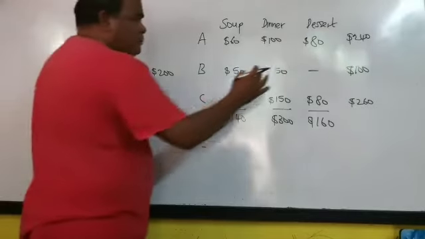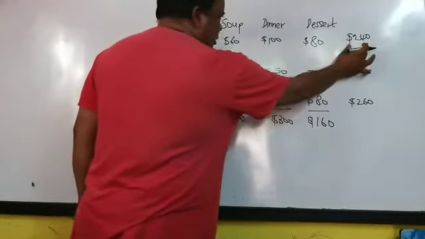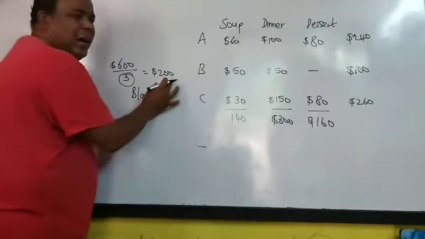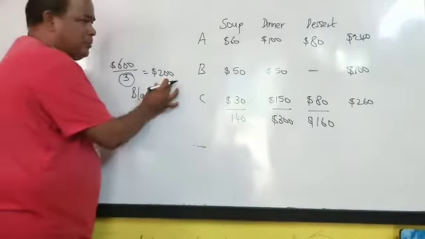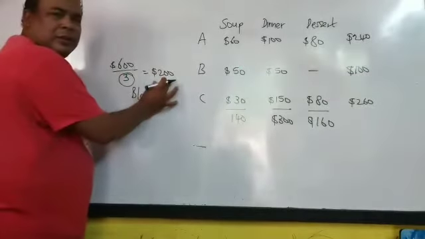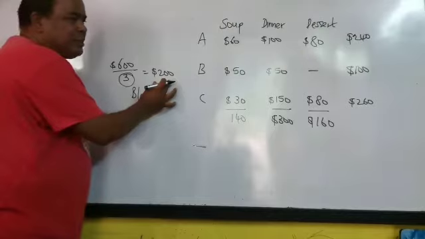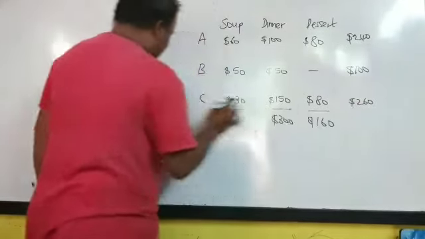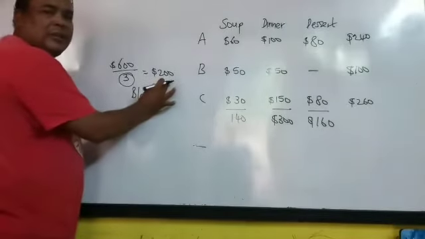So in this case, he has to pay $240. How much did he pay? $200. There is under costing of product. He has to pay $100, but he paid $200. This one is over costing of product. And $260, he paid only $200, under costing.